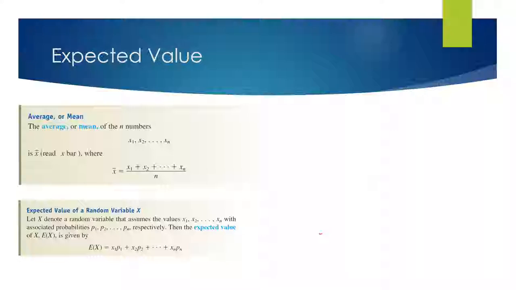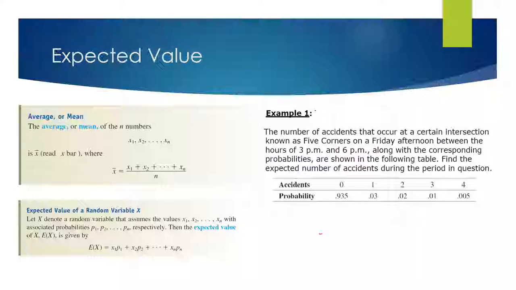As a case in point, the number of accidents that occur at a certain intersection known as 5 Corners on a Friday afternoon between the hours of 3 p.m. and 6 p.m., along with the corresponding probabilities, are shown in the following table. So this is a probability distribution, and you have 0 to 4 accidents in this time range.